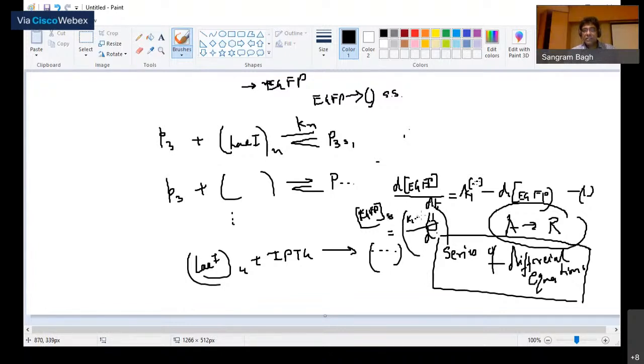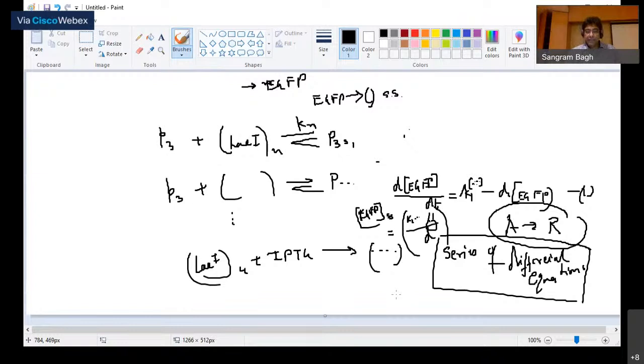So this term tells you the EGFP concentration at steady state, and exactly this is what you are measuring. Experimentally, you take that particular circuit and give the chemicals to it, and you start measuring the EGFP concentration after some time interval.